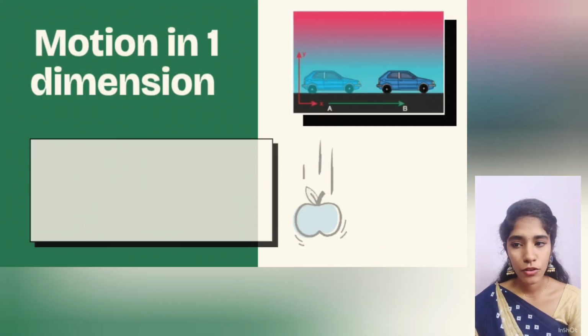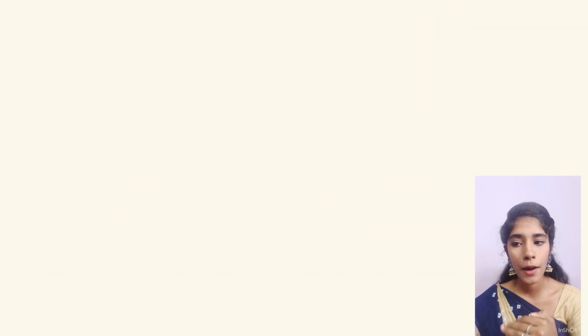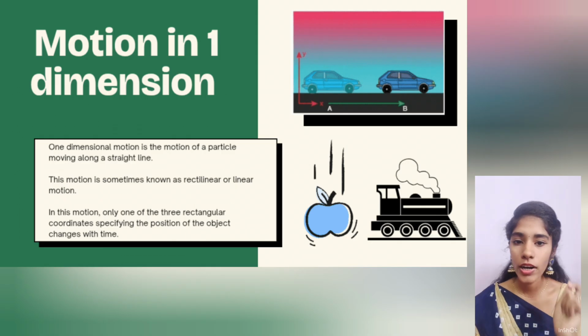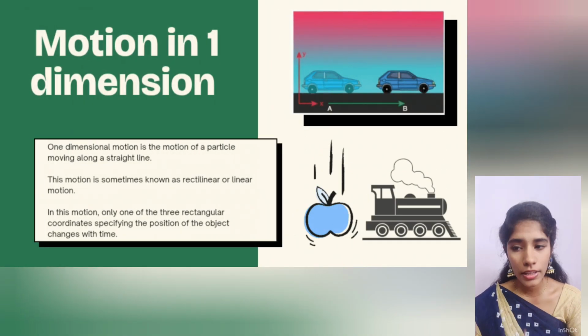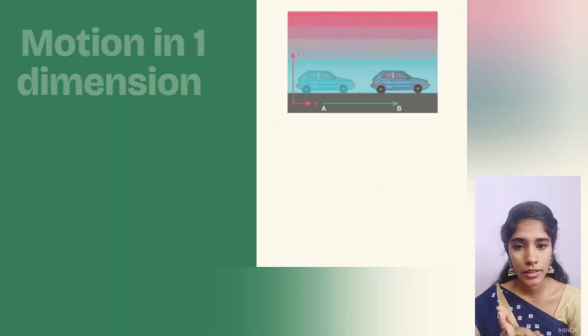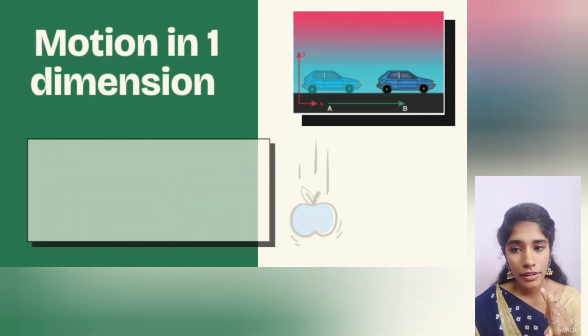A one-dimensional motion is the motion of a particle moving along a straight line. So, it is called rectilinear or linear motion. In this, only one of the three rectangular coordinates specifying the position of the object changes with time. There are three coordinates, that is x, y, and z. Here the x is only moving.